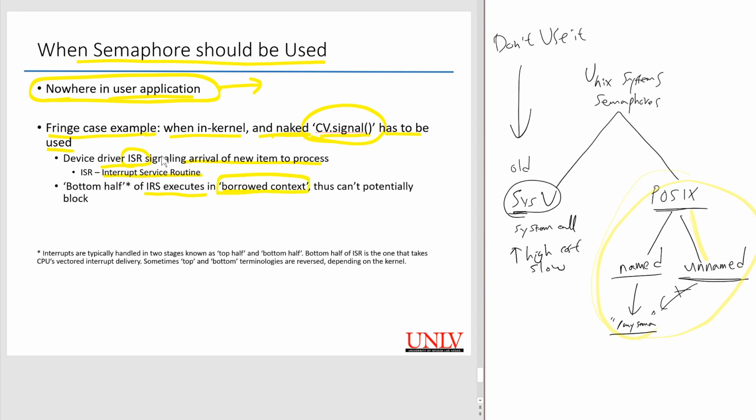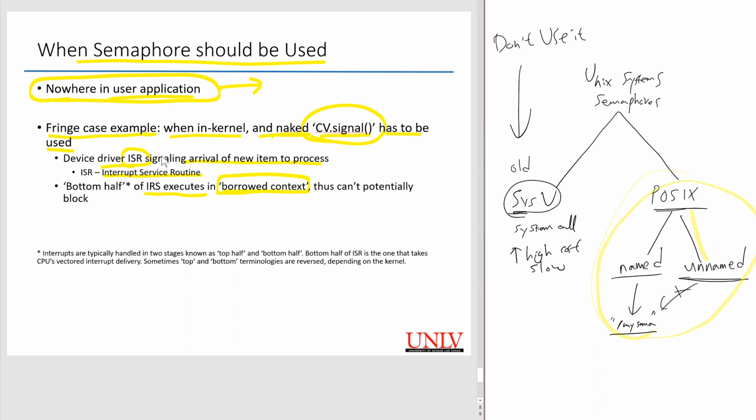When the interrupt happens, the interrupt service routine will be invoked by processor's interrupt delivery mechanism by interrupting whatever program, whatever thread that was executing at the moment. So some kind of random process and random thread gets interrupted. And that's the reason why you cannot block, you cannot victimize that thread that just happens to be there.